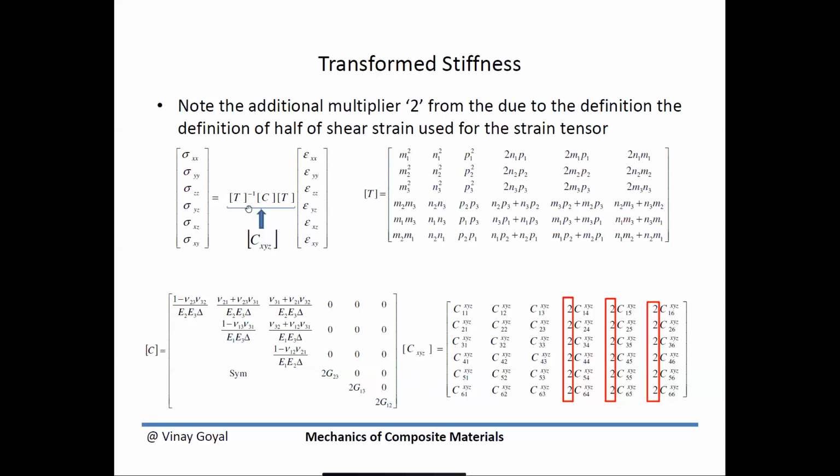Stress equals T inverse times C times T, and then the strain vector in the laminate coordinate system, where T was given by this expression, and I asked you to derive that to see if you can achieve that. C is given by this expression here, and so all you have to do then is find C_XYZ, which you should be able to find fairly readily. And these extra 2's came about because we added those since we made the strain vector without those 2's, okay? And that came out earlier in time.